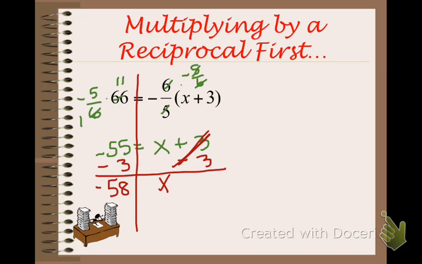So I would go back to my original problem to check my work. 66 will be equal to negative 6/5 times a negative 58 plus 3.